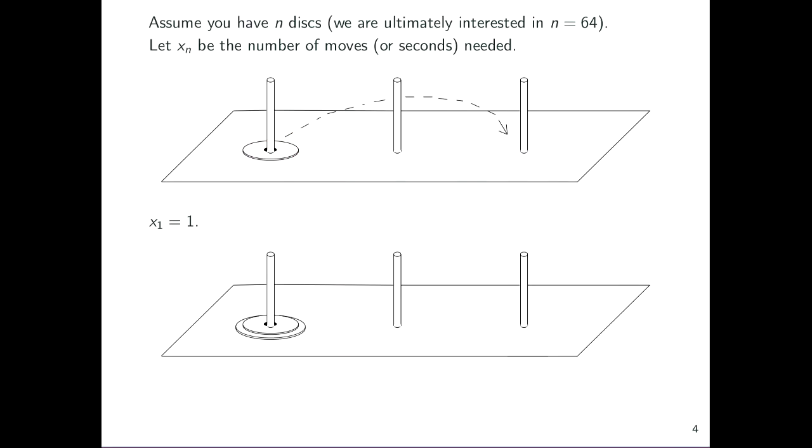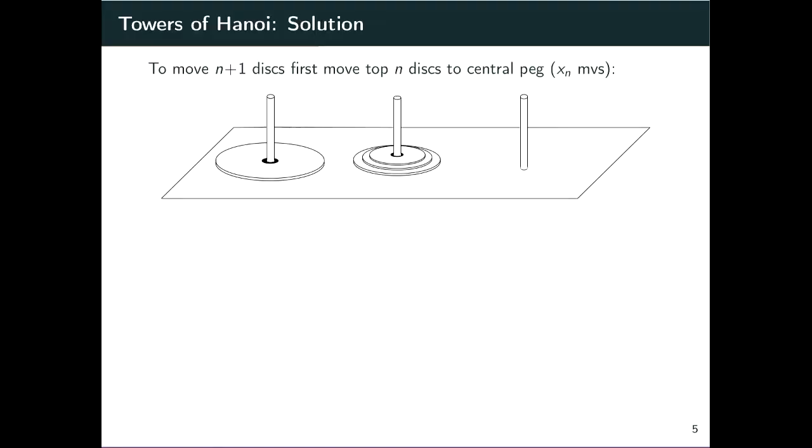If we have two disks, then you move this one to the second peg, and then you move the bottom one to the third, and then you move this one that's here now over to here. So that's going to take 3 moves. Okay. Now if you want to set up some sort of implicit formula, you're going to need to come up with a formula that's based on how many steps it takes for, say, the previous number n, and then apply that to work out what n plus 1 will be.